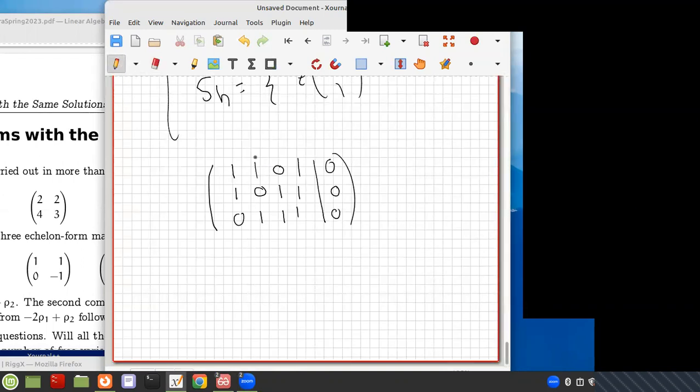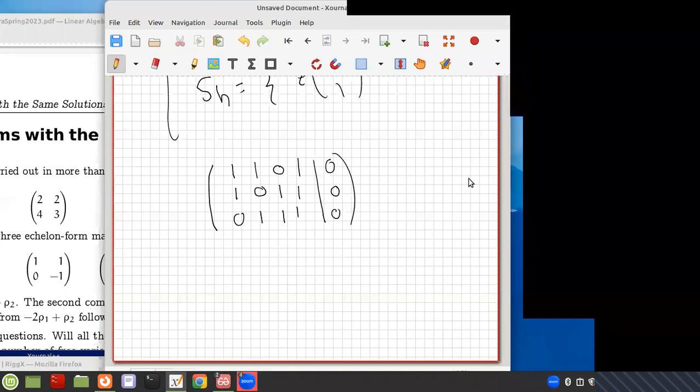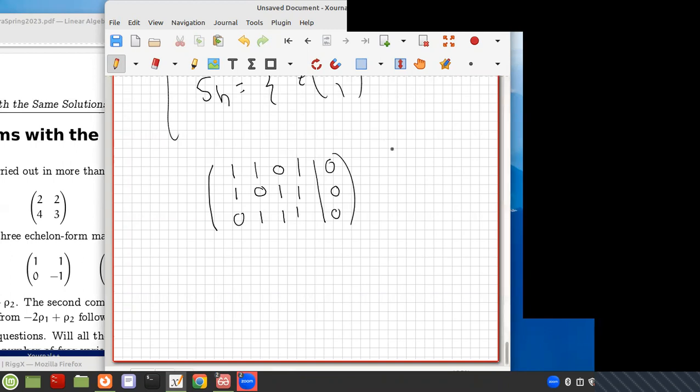Is this in reduced row echelon form? Make a decision, and when you've made a decision, raise your hand if you're online or in person. When you have an opinion, it's free, I won't call on you. Okay, so it turns out that this is not reduced row echelon form, right?